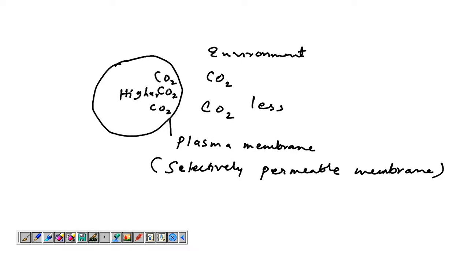Now, there is a spontaneous movement of substances from a region of higher concentration to a region where its concentration is low. So the concentration of CO2 inside the cell is high, and the concentration of CO2 outside the cell is low. That's why there will be a spontaneous movement from higher concentration to lower concentration.